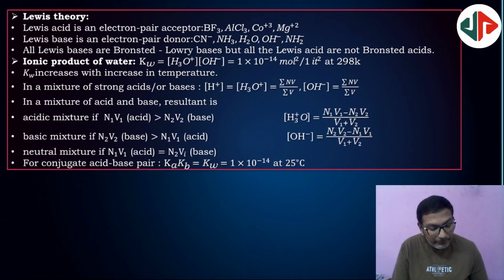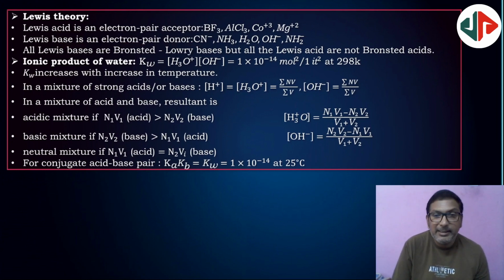Next, Lewis theory. This is also simple one. Lewis acid is electron pair acceptor. Lewis base is electron pair donor. So Lewis acid must contain vacant orbitals to accept pair. Lewis base contains at least one lone pair to donate. Next, all Lewis bases are Bronsted-Lowry bases, but all Lewis acids are not Bronsted acids.